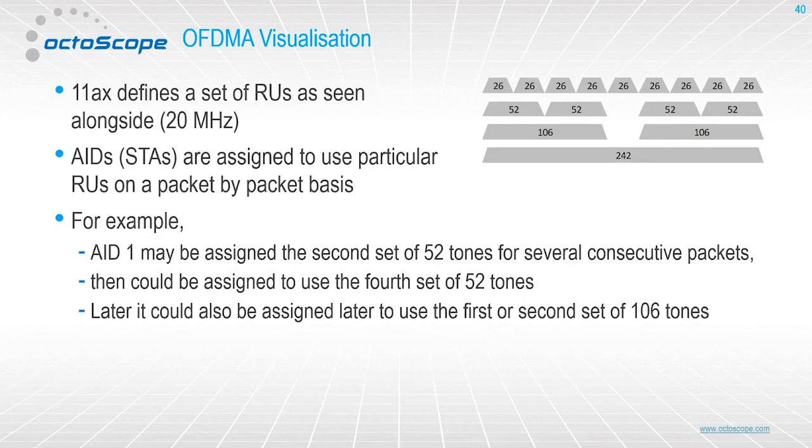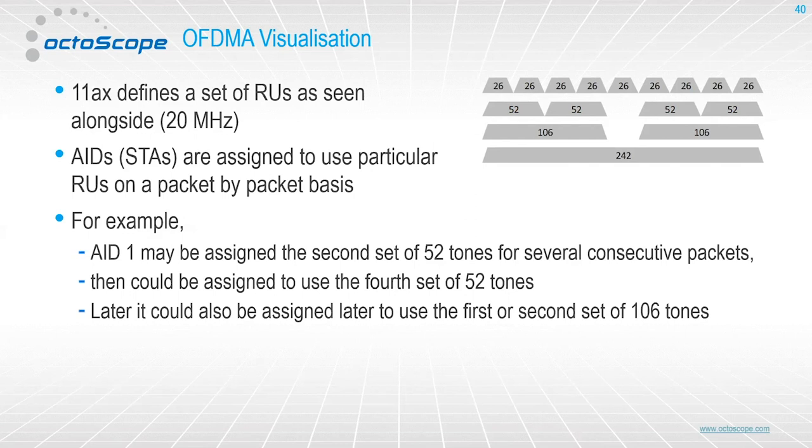That channel has 242 tones in it. If you assign all of them to a user, that's one RU. You can break those 242 tones up. So you can also assign 106 tones to one user, 106 to another user, or you can assign 52 tones to 4 different users, or you can assign 26 tones to 9 different users. And you can mix and match those, by the way. It doesn't have to be that if it's 26, it's all 26. You can break this up almost any way you want, or the access point can. And so that's what an RU is.